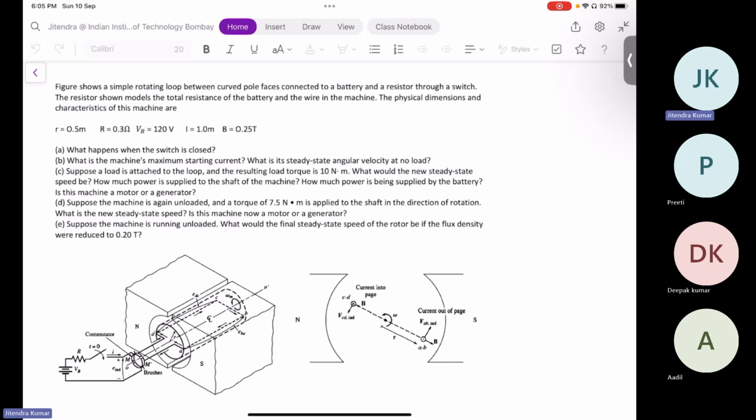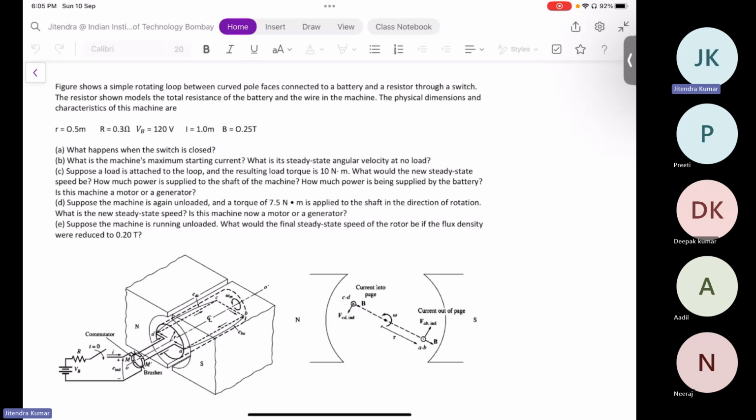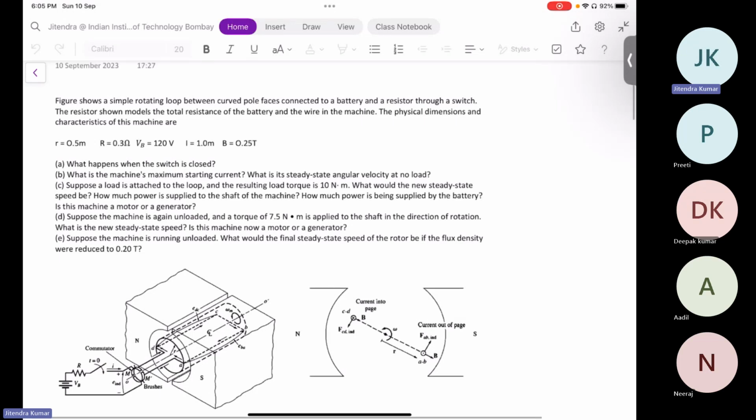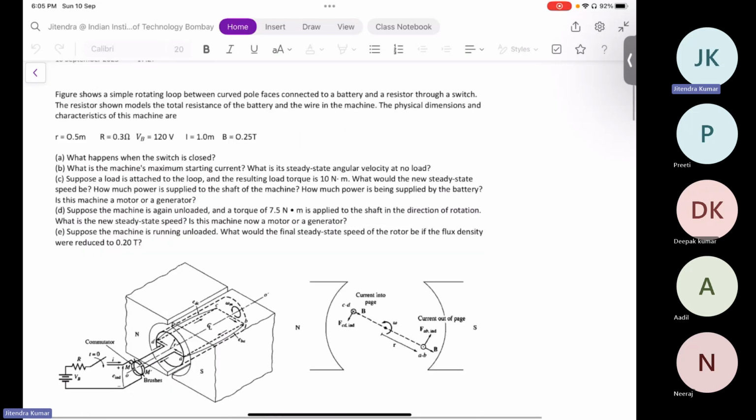If you open the assignment, that will be clearer. I think it will take time because I have not logged into that. Will it be fine if we clear it at the end? Okay, sir, sure, thanks. So, let's focus on the problem here. Are you able to see the problem? Yes, sir.